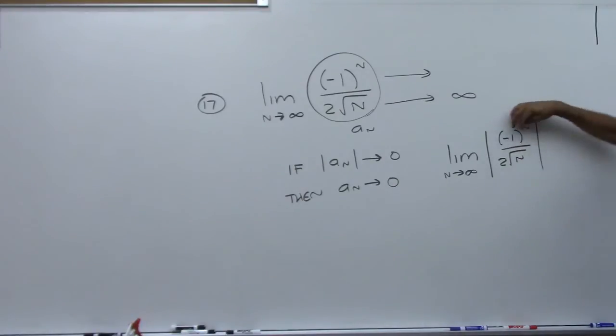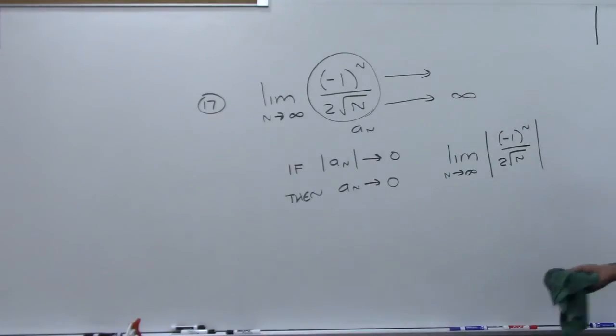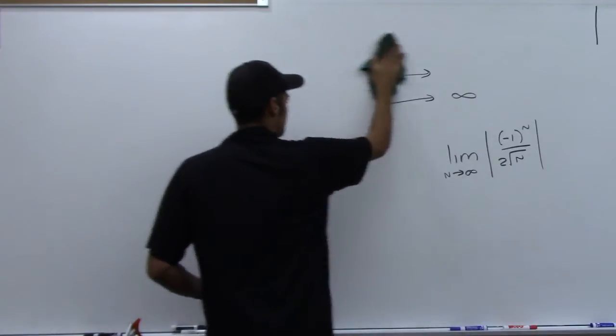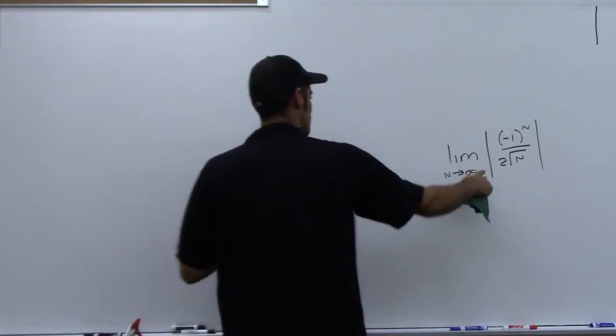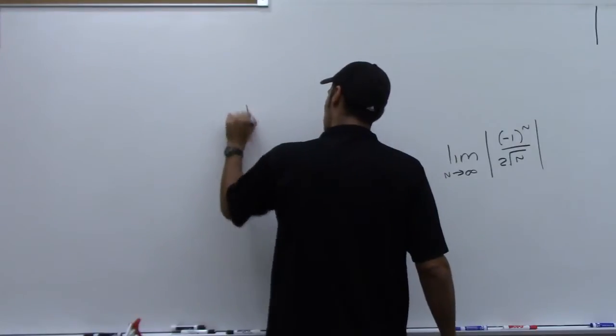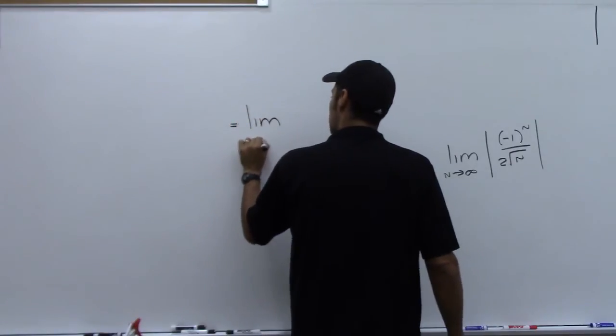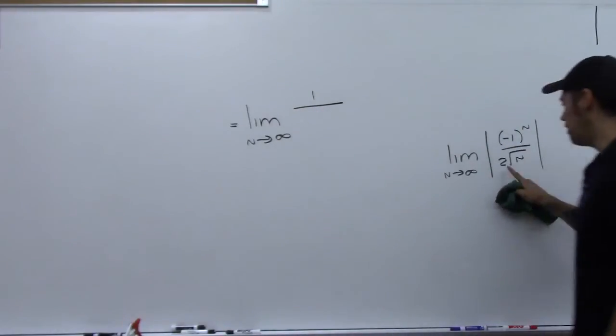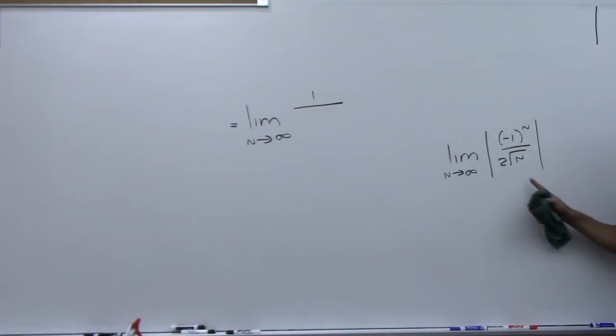Because no matter what, this changes between positive and -1, once you hit it with the absolute value, it's just 1. So this turns into the limit as n goes to infinity of 1 over, now the absolute value of the bottom you don't need, because the square root of n will always be a positive number.